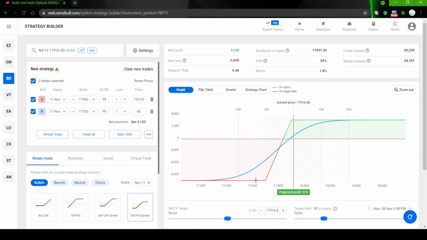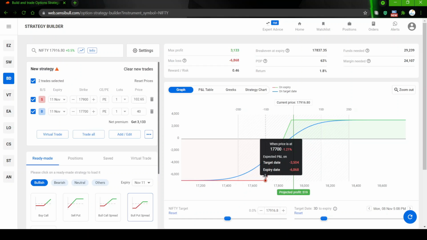It is capped because we have bought the 17,700 put. So if the market goes down, the put will start gaining, but we have sold the 17,900 put. The 17,900 put will also start gaining in value. The 17,700 put also starts gaining in value. The premium difference is more. That is why net we will be losing money.